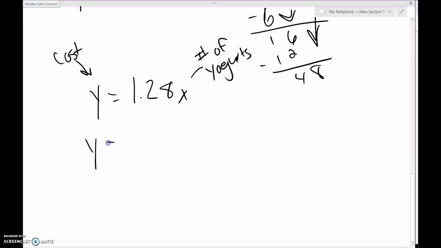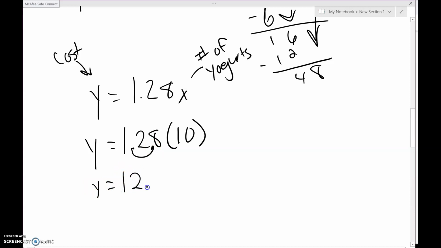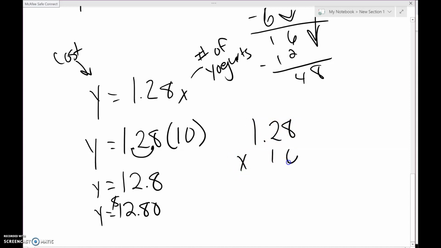So now I have y equals 1.28 times 10. What's the quick thing when I multiply by 10? I move my decimal because it's the whole number 10, not the decimal 10. It's not a tenth. I move my decimal to the right one space. So I should now have y equals 12.8, except that's not how I write money when I'm looking for cost. So y is going to equal $12.80 for 10 containers.